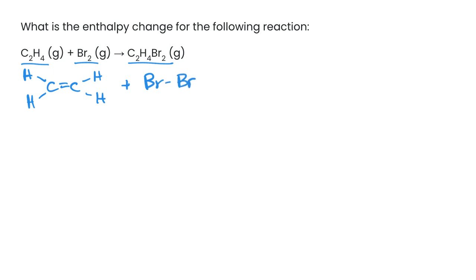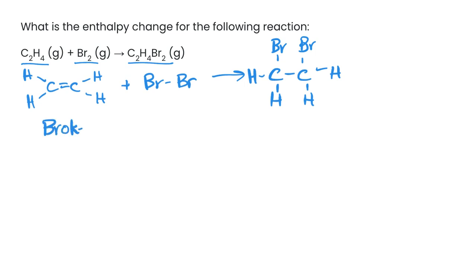So I'm just going to draw them all out here. And here is our final product. We've got 2 C-Br bonds, and H's here, and that's it. The way I like to tally this up is to look at all the bonds that are broken and list them on one side, and then all the bonds that are formed on the other side.